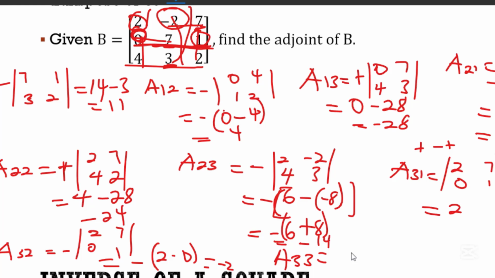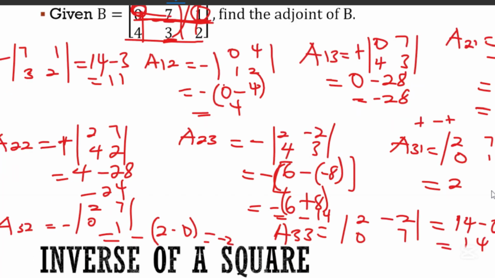So we are done with the cofactors of all the elements in the matrix. And so the transpose of the matrix can now be found. Now let's look at how to find the transpose of this particular matrix.